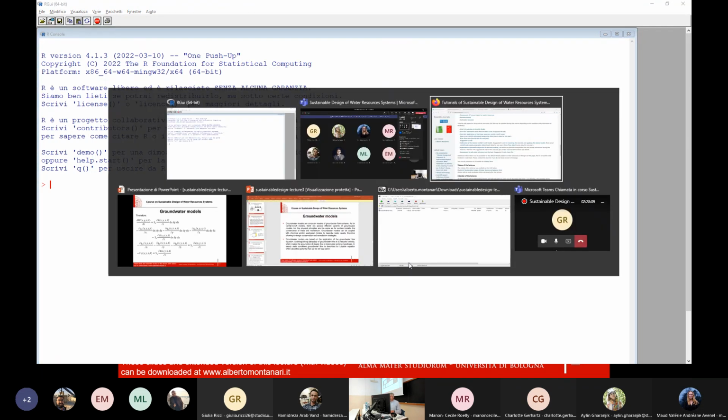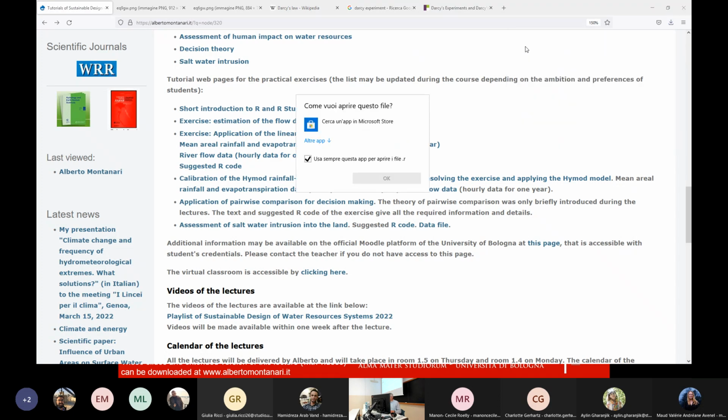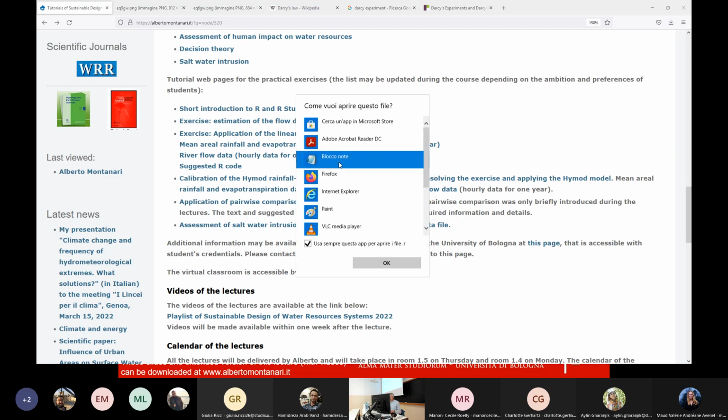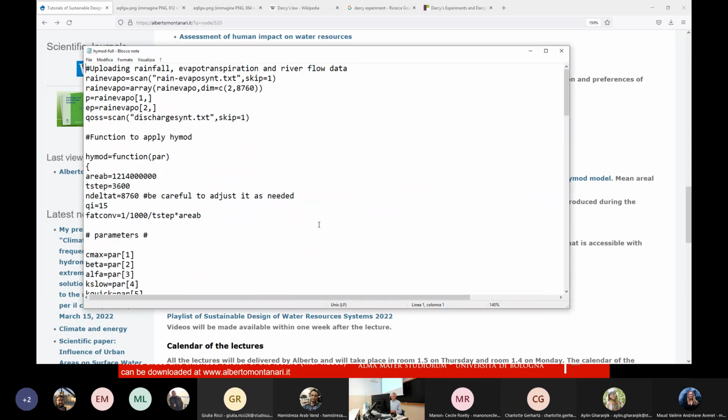Now let's go back to the website. There is a proposed R code, which I am opening. I open it in the notepad. Okay, very good. Now, first, we need to upload the data.